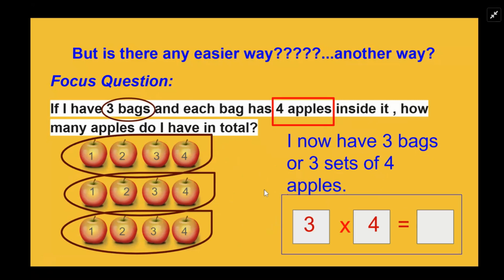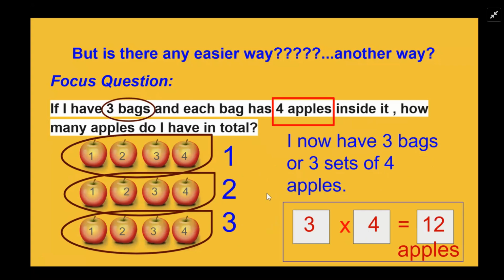When I learn about multiplication, I've learned that the word of can be substituted with the multiplication sign when I'm writing my equation. My equation is 3 times 4, or 3 sets or 3 bags of 4 apples. And my answer then is 12.